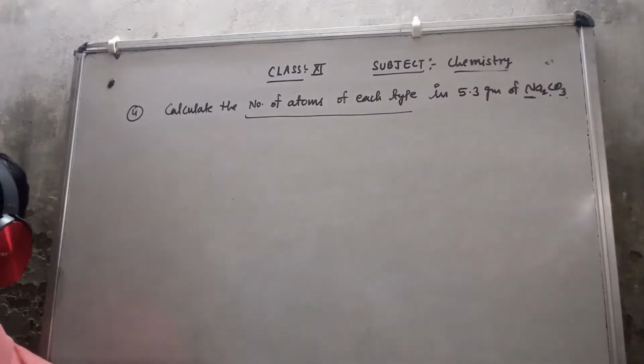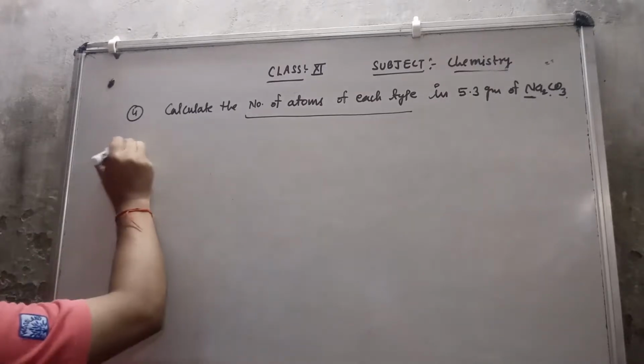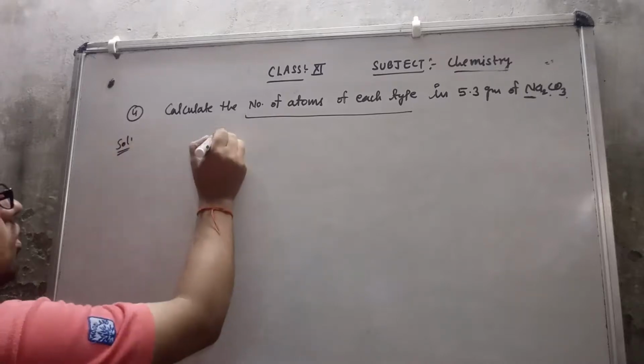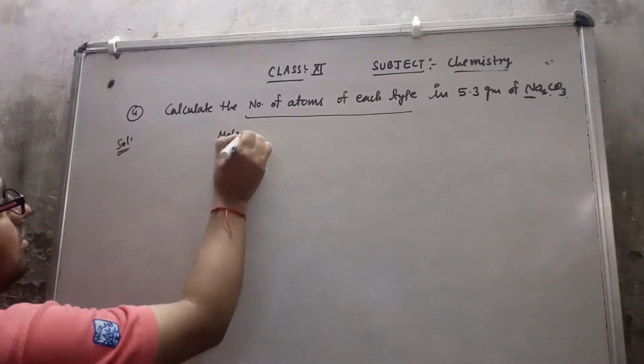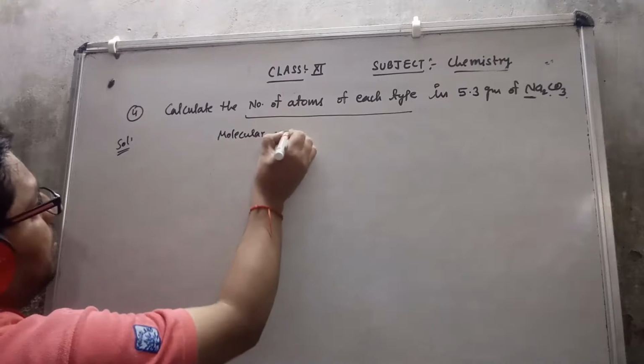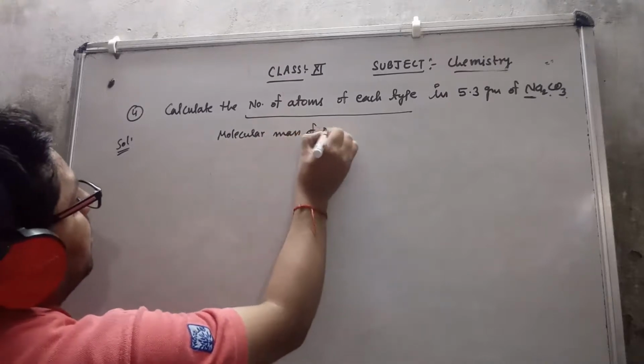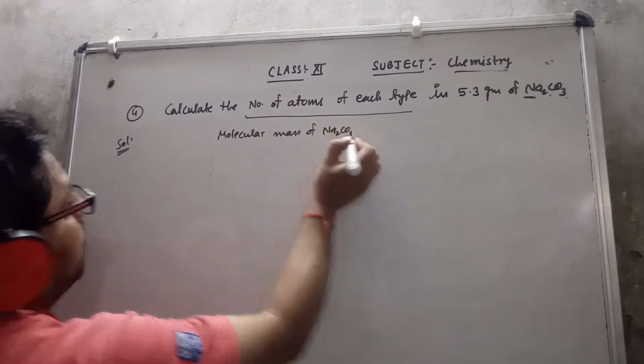So first of all I will find out the molecular mass of sodium carbonate. What is the molecular mass of sodium carbonate? This is Na2CO3.